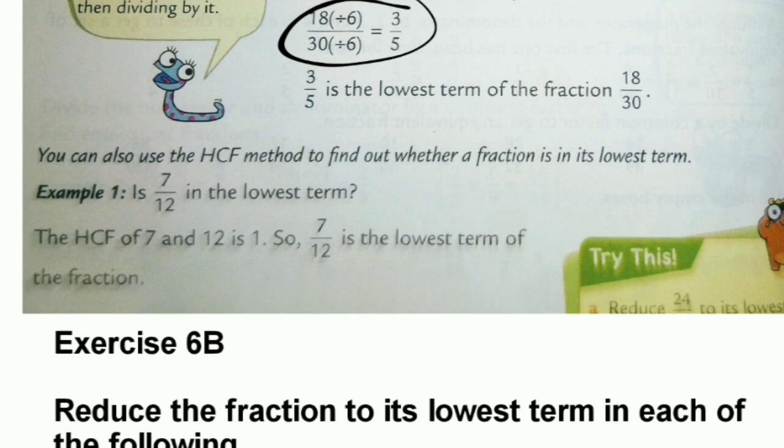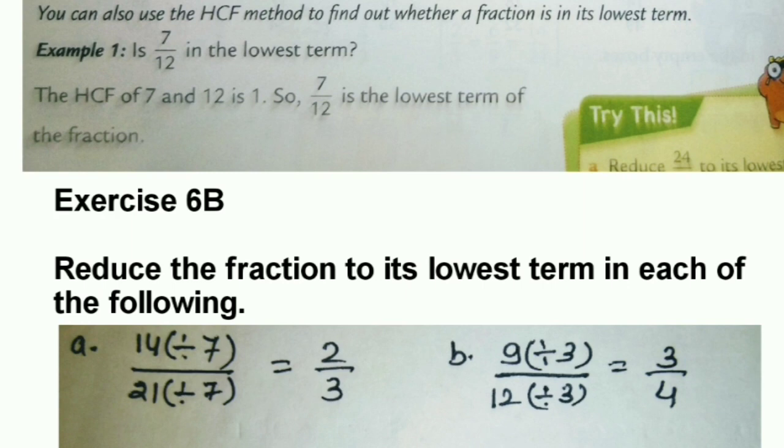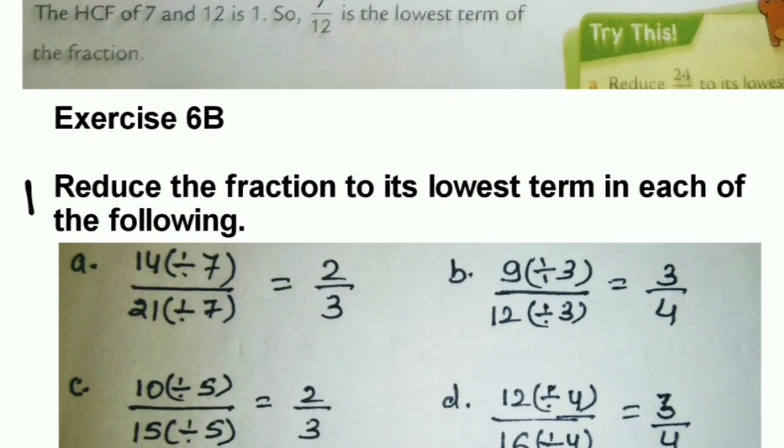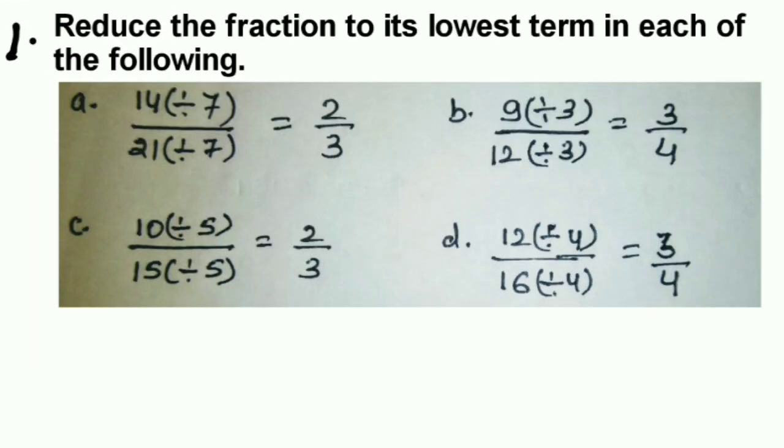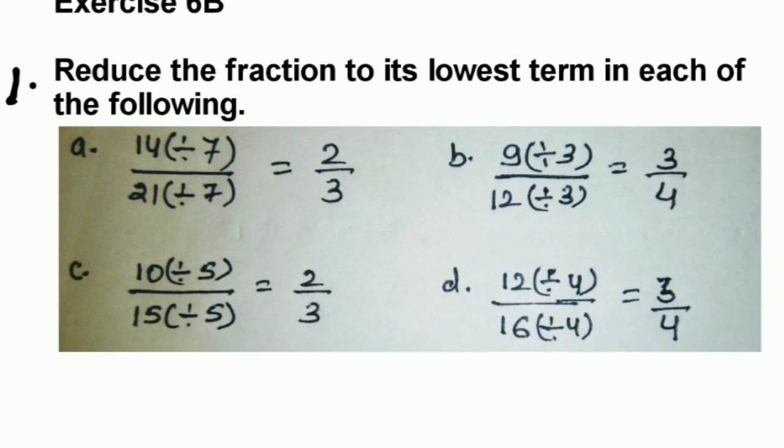Now, exercise 6b, page number 83. Question number 1. Reduce the fraction to its lowest term in each of the following. 14 divided by 21. We know that the 14 and the 21 will go in one table only, that is 7. So 14 divided by 7 is 2 and 21 divided by 7 is 3.